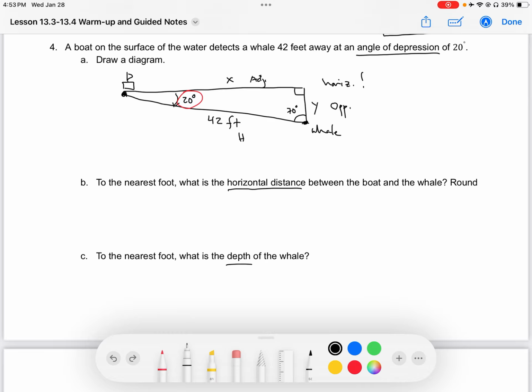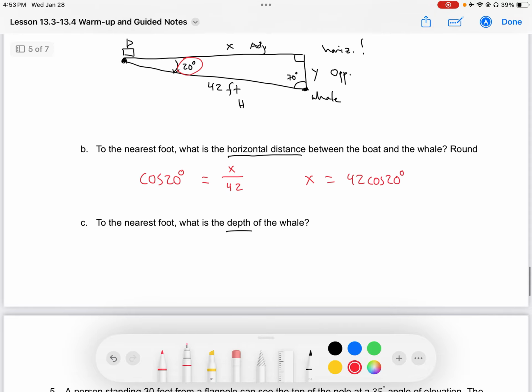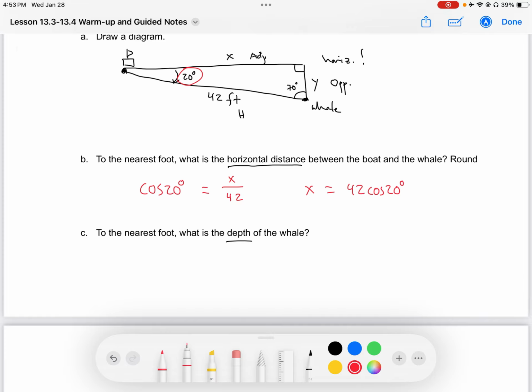In order to find the horizontal distance, that's the adjacent side, and I have the hypotenuse. So what I can do is use cosine. Cosine of 20 degrees is equal to the adjacent divided by the hypotenuse. So that means that x is just going to be 42 times the cosine of 20 degrees. And I'll let you find that actual distance.